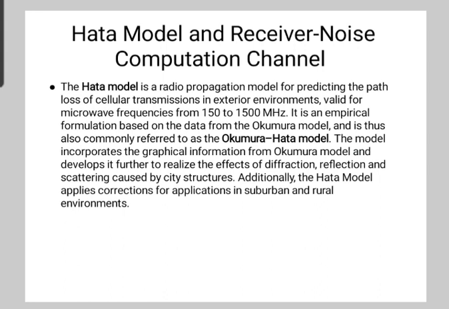This model also has two more varieties for transmission in urban areas and open areas, and this model predicts the total path loss along a link of terrestrial microwave or other type of cellular communication. So it is a function of transmission frequency and the average path loss in the urban areas.